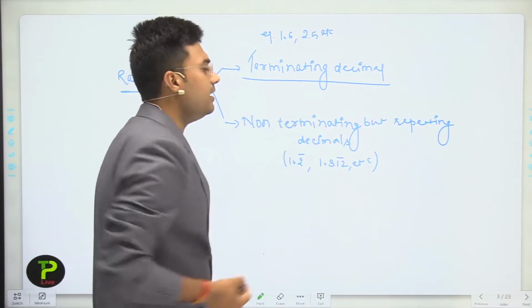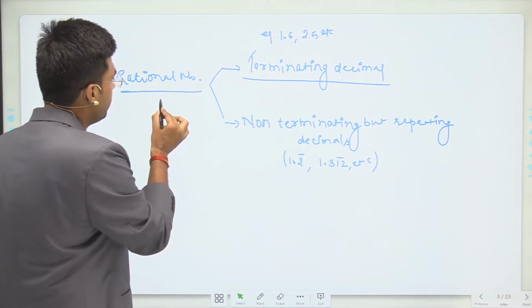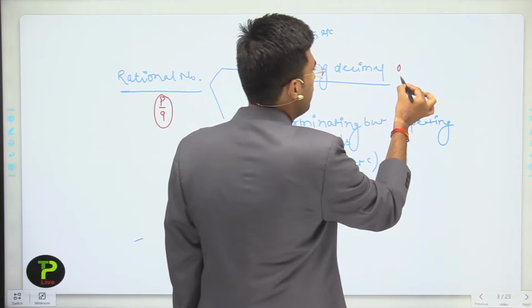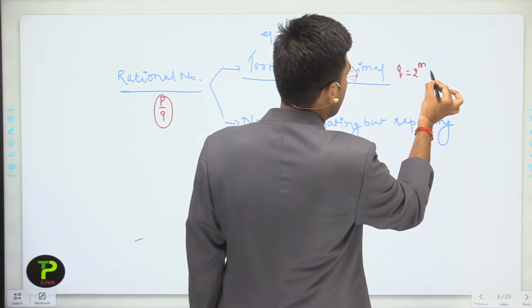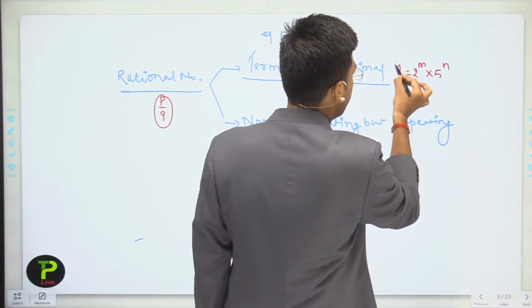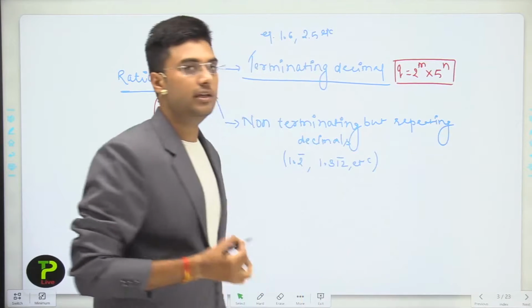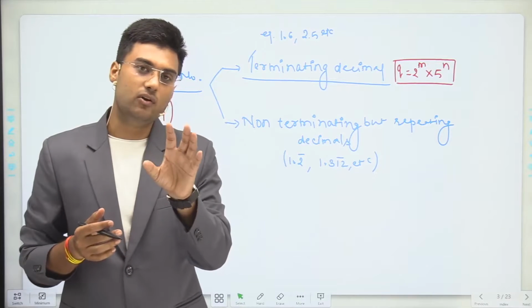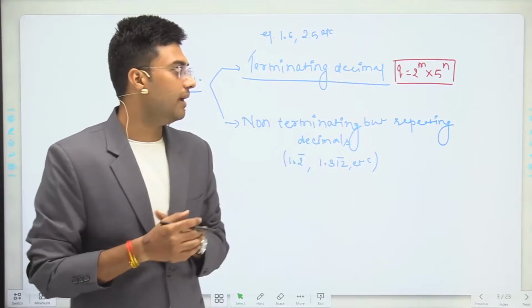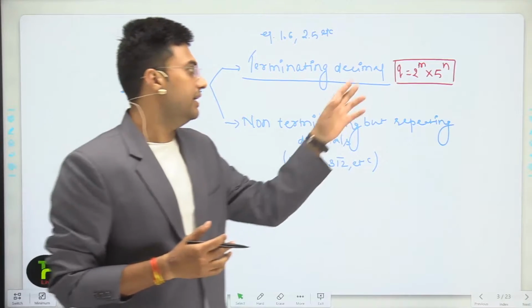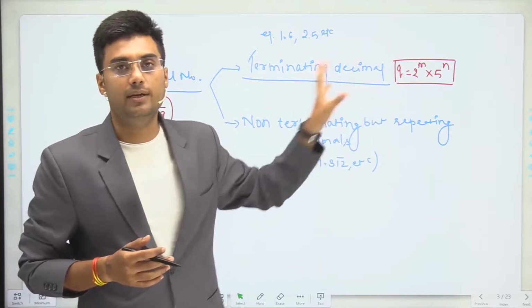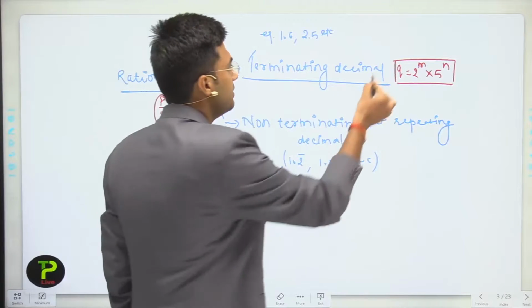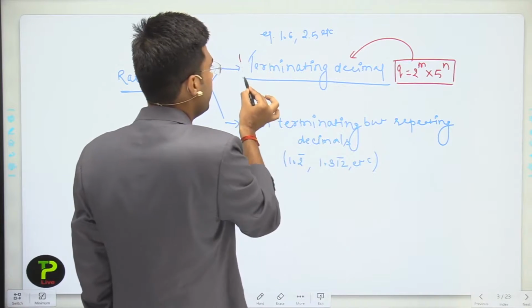We know that a rational number can be represented in the form of p by q, and if q can be written in the form of 2 power m multiplied by 5 power n, or we can say that if the denominator can be represented in the form of 2 power m multiplied by 5 power n, and it is nothing but the prime factorization of the denominator, and if the prime factorization of the denominator is in this form, then we can say that this rational number is a terminating decimal number.